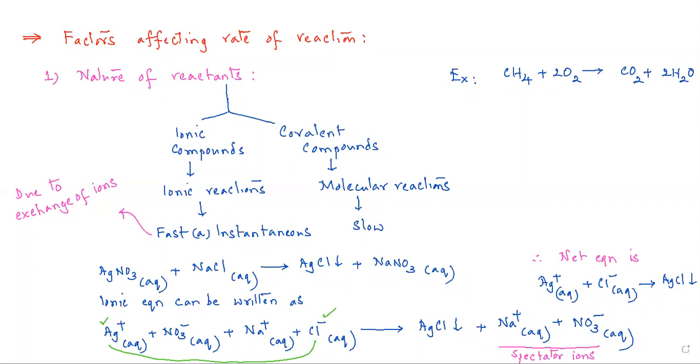See, in this reaction, it occurs slowly because you need to break the bonds between the atoms of the reactants, and then you need to form bonds between the atoms of the products.